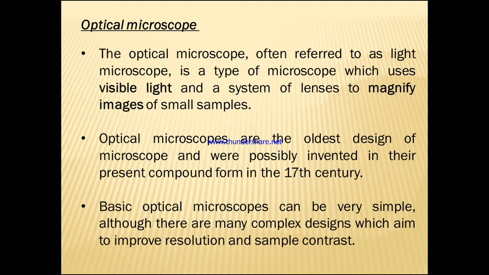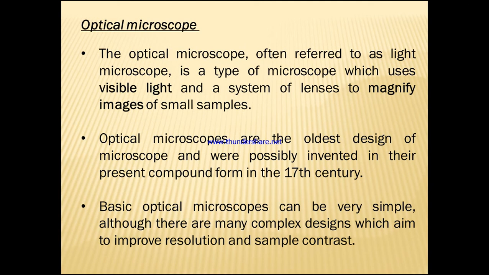For example, a simple optical microscope can have a magnification of around 400x to 1000x, and with some of the newly improved optical microscopes we can go up to 3000x, but the resolution is less for the optical microscope.